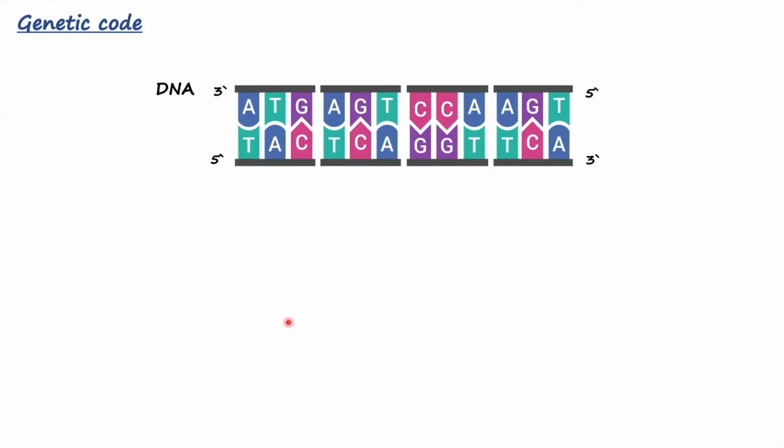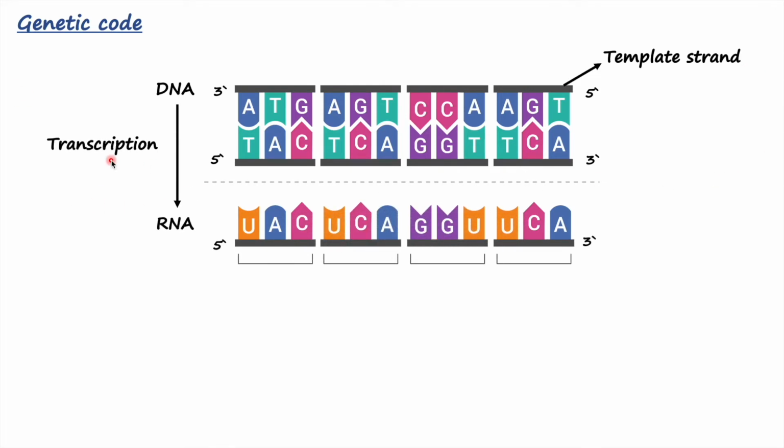So let's look at it a little bit differently. Suppose we have a DNA strand, and I have broken them apart, considering that these are the triplets. Suppose this is our template strand, and this template strand is then transcribed into RNA through the process of transcription, and so here we have mRNA, and you can see that these are the triplets.